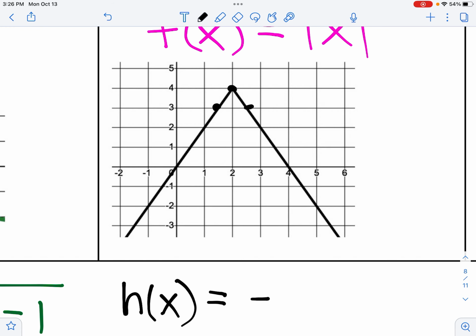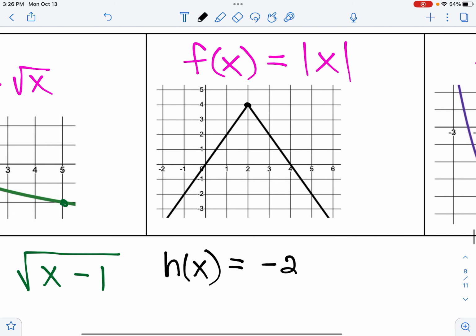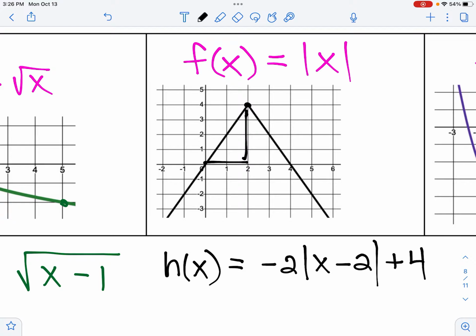So it looks like it's a stretch of 2. Okay, then I need my absolute value. It has been moved to the right 2 and up 4. So right 2 would be minus 2, and then up 4 would be plus 4. And that's it.